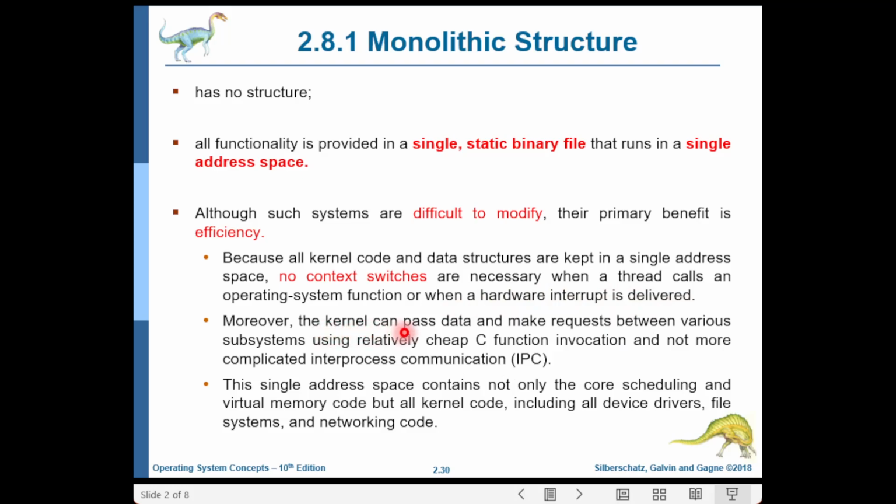Secondly, the kernel can pass data and make requests using C function invocation rather than complicated inter-process communication. In microkernel structure, the communication uses IPC. This single address space contains all kernel code, including device drivers, file system, and networking code.